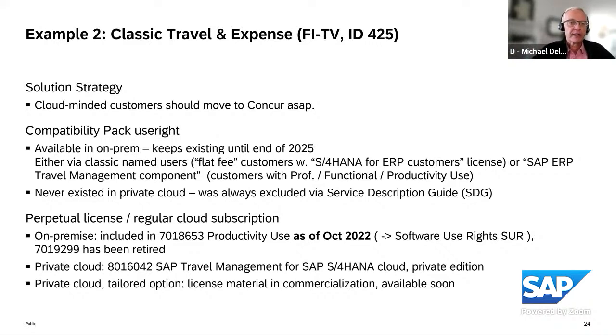You're seeing the respective licensing vehicles here in on-premise through productivity use. There was a change in the software use rights, and we also created a respective licensing material for the Cloud Private Edition. Please be aware that the Concur people do take a look at the customer situation in order to find out if a faster path towards Concur is possible. Tailored option will also follow. Next slide, please.